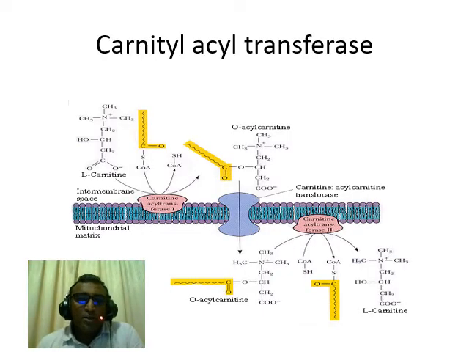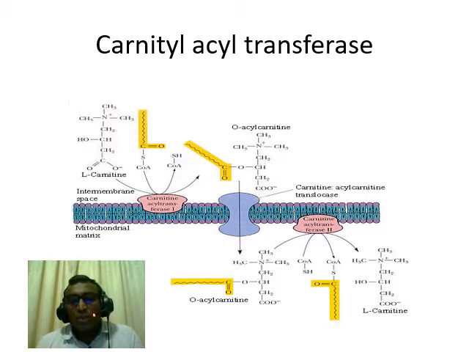Interestingly, after it becomes acyl-CoA, in order to go from the cytoplasm to inside the mitochondria, it needs to use the carnitine shuttle. In order to do that, it is removed from the coenzyme A and then attached to carnitine. This carnitine is required for moving the acyl, or fatty acid component, from the cytoplasm to the inside of the mitochondria.